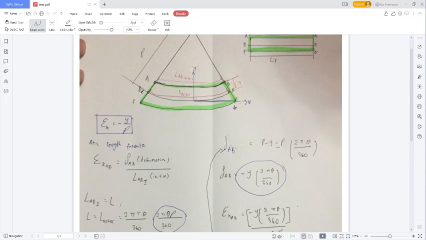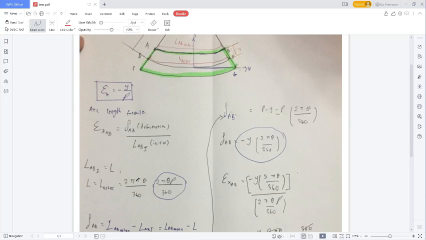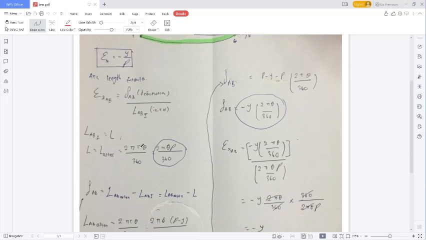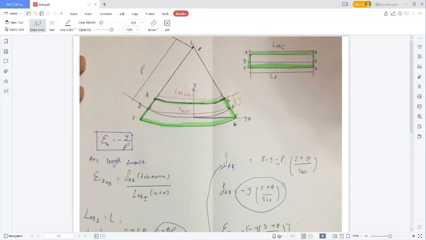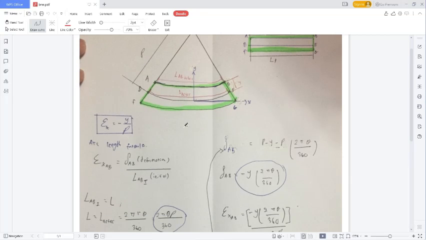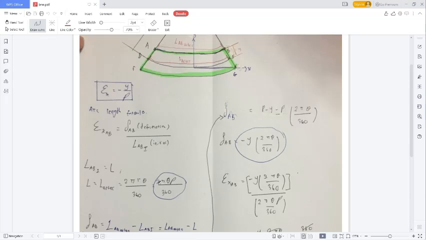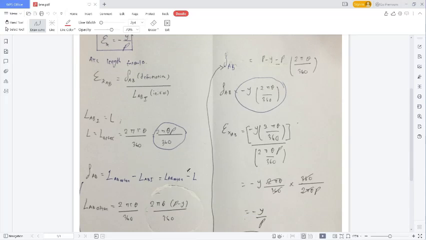Because it deforms into an arc, we can use the arc length equation, which is 2 pi r times theta over 360. Because the r in here is rho, C to D is rho, we can define it as 2 pi theta times rho over 360. So that's how to define L_AB initial.